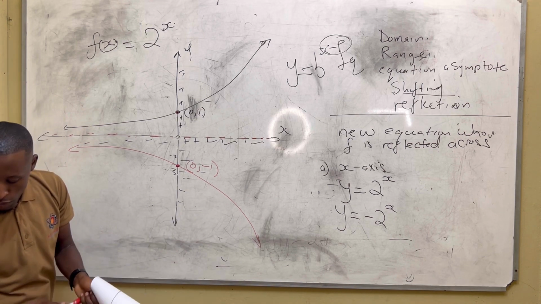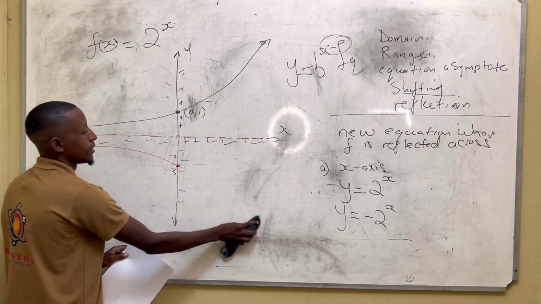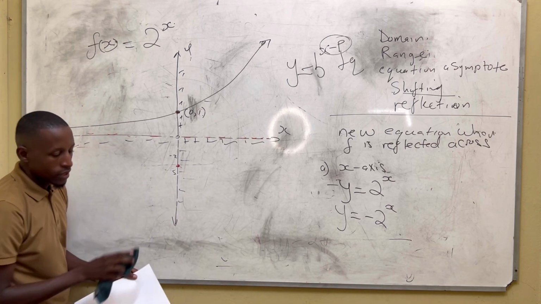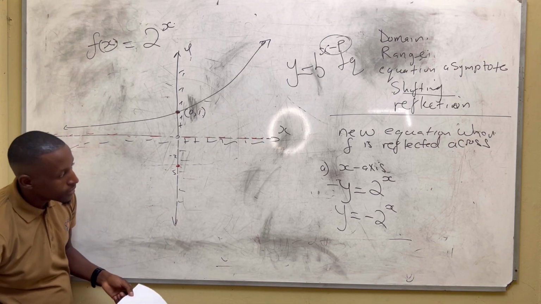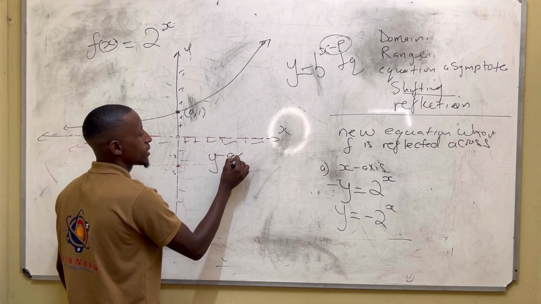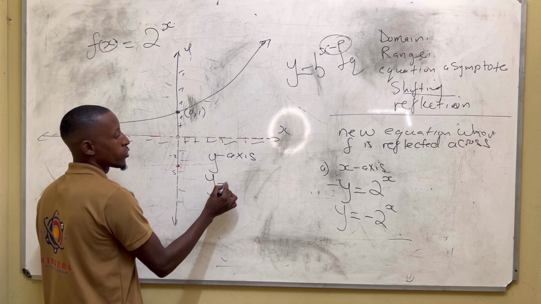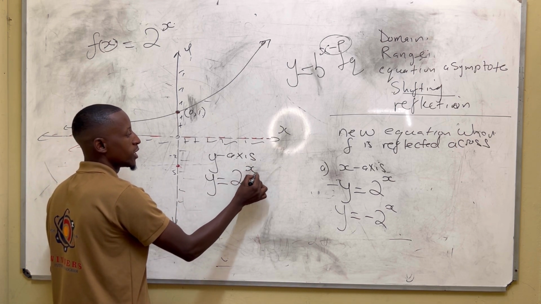So let us now move to reflection across the y-axis. Let us check across the y-axis. So we want a new equation. Our original graph was 2 exponent x.